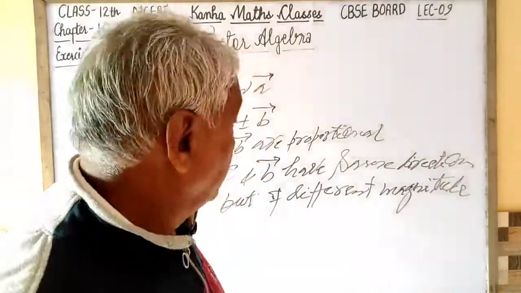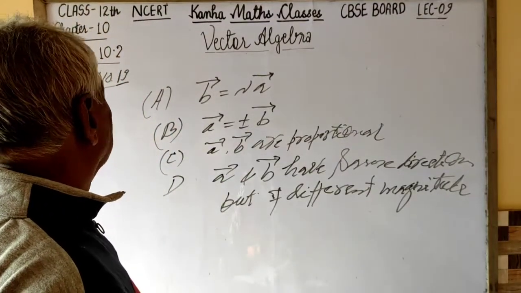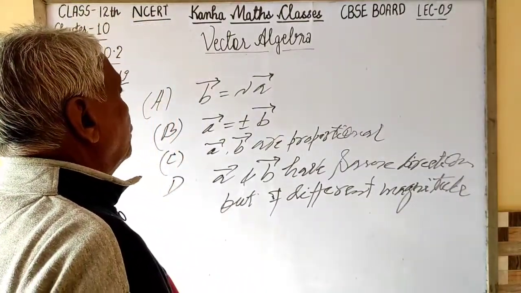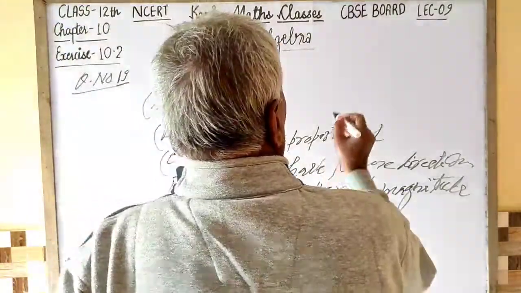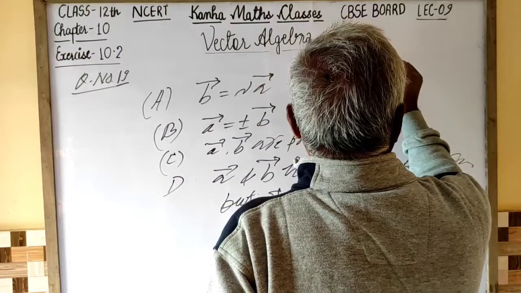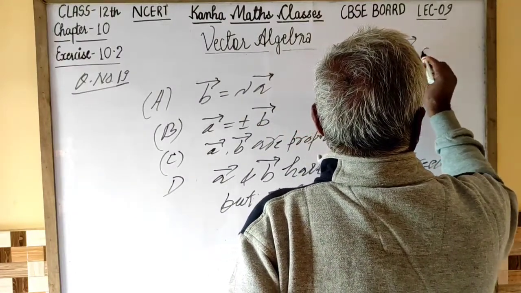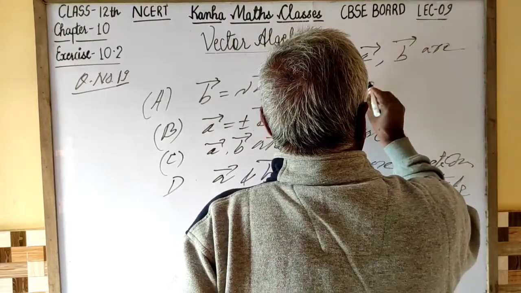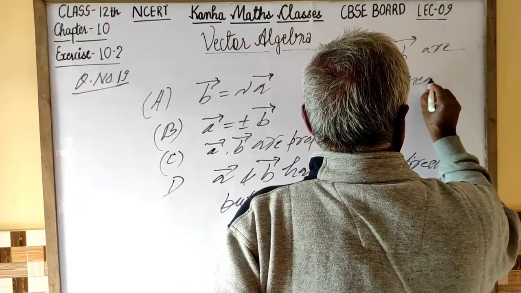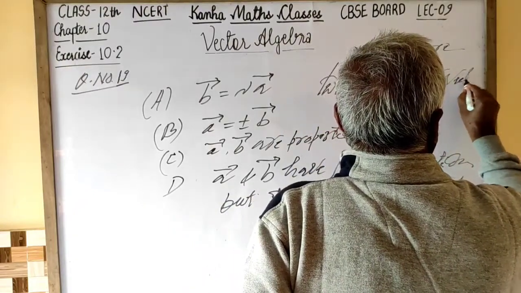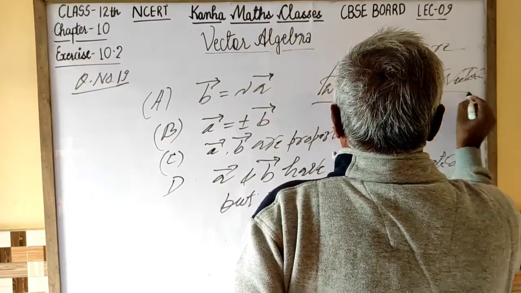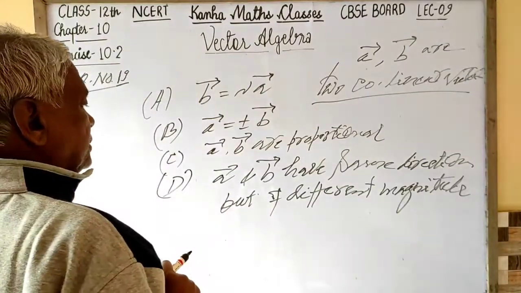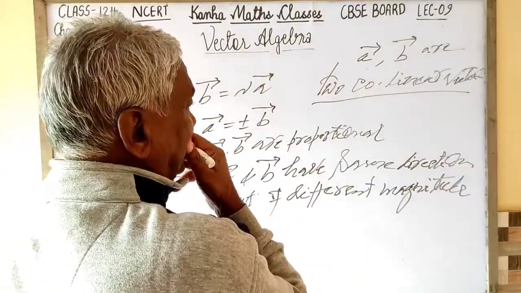Now, in question number 19 under exercise 10.2, we are given two collinear vectors A and B. Then we have to choose from the following options A, B, C, D which option is incorrect.